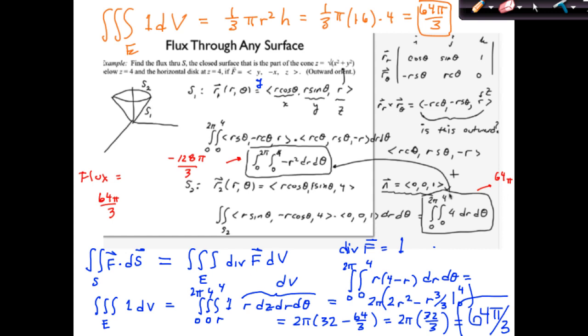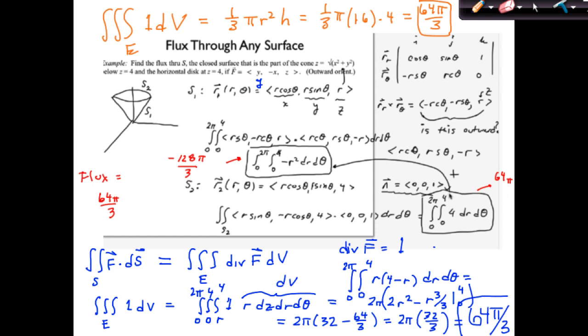So we've actually verified, in doing this problem twice, the divergence theorem for this example. We did the surface integral of the outside surface and got 64 pi over 3. We did the triple integral of the divergence, and we got 64 pi over 3. By showing those are equal, that's what's called verifying the theorem.